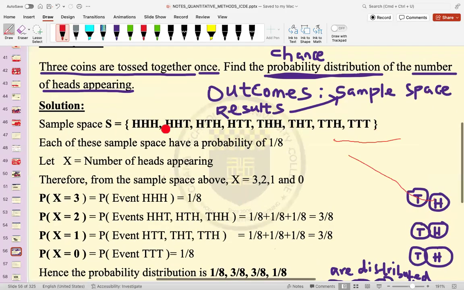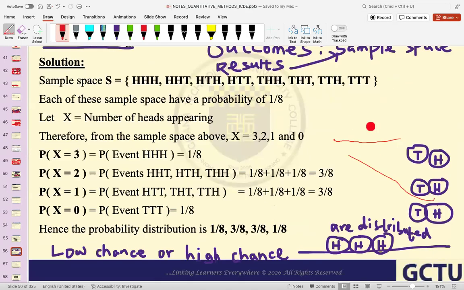So this is what we just did. The first one, HHH. The second one, HHT, HTH, HTT, THH, THT, TTH, and triple T. These are the possibilities we have now, and we have to take a decision on it.